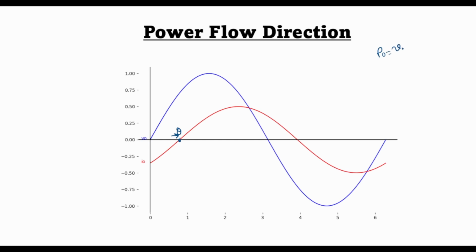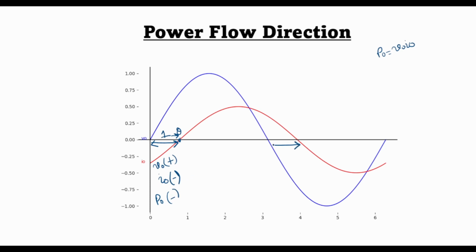Since power is V naught times I naught, we can see from this figure that during this region, let me call this region 1, V naught is positive and I naught is negative. So the power flow in this region, P naught, is negative.